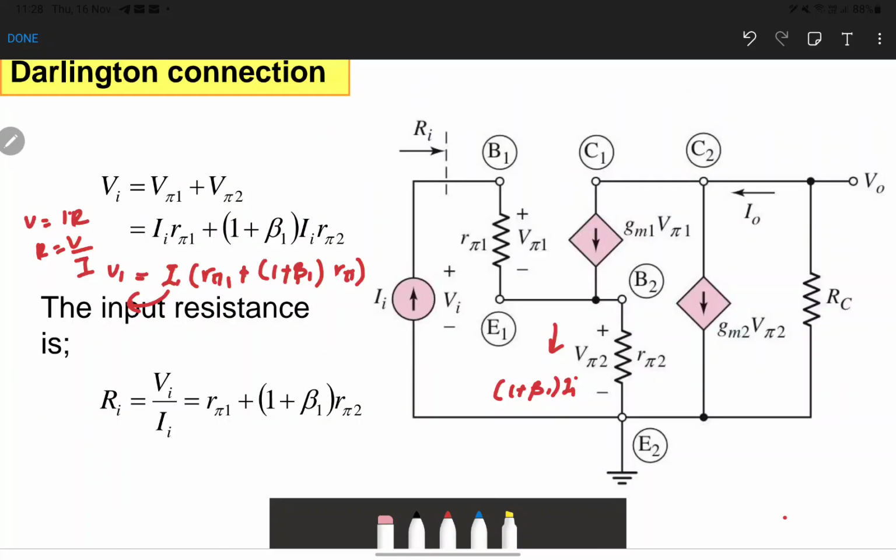Alright, besides finding our current gain, sometimes the questions will ask us to find the input resistance or output resistance.